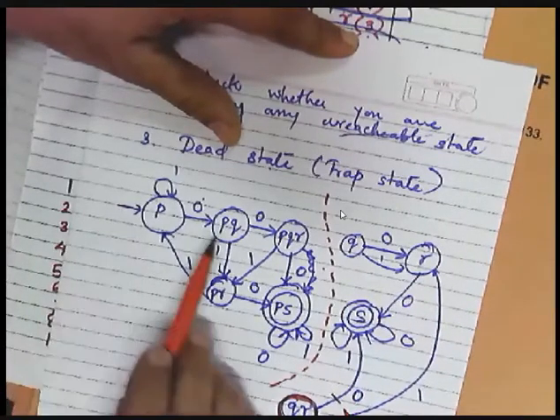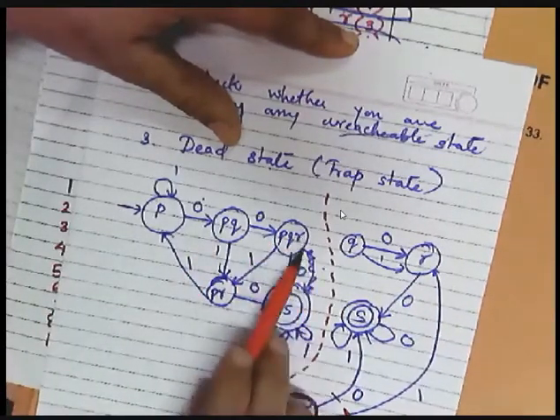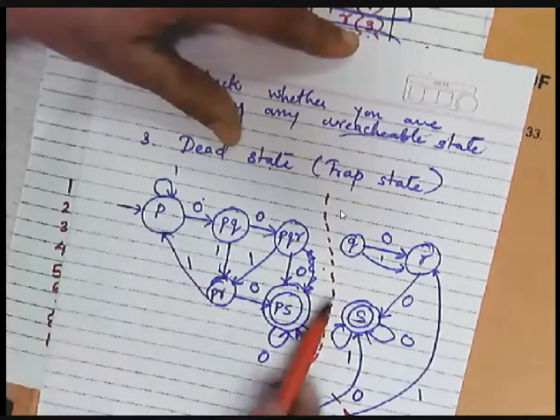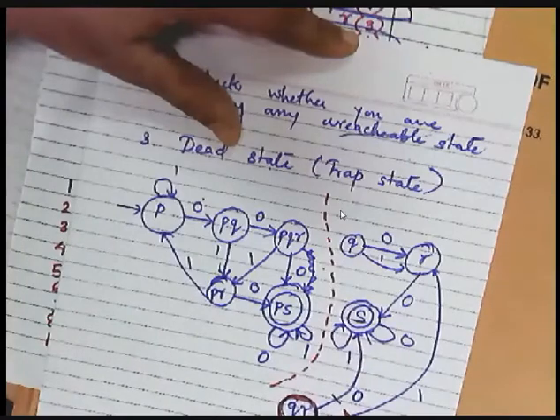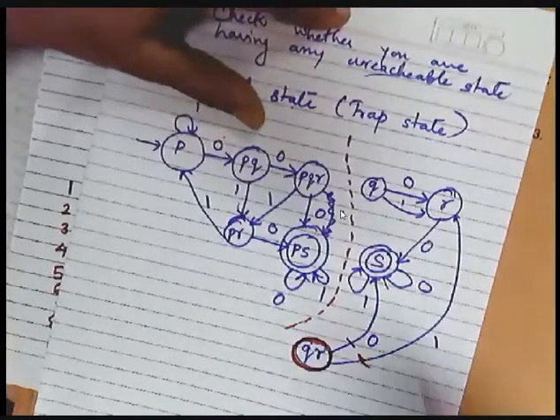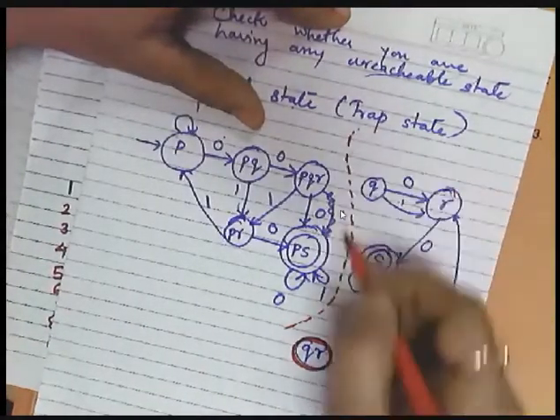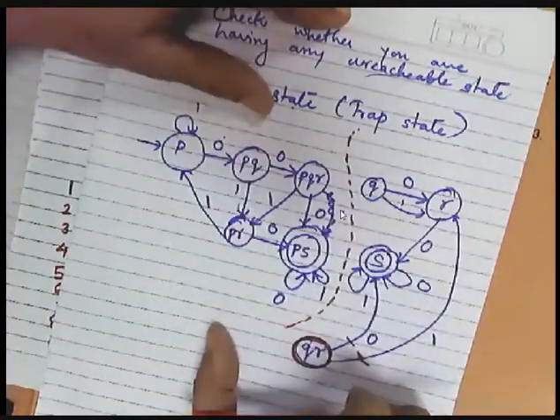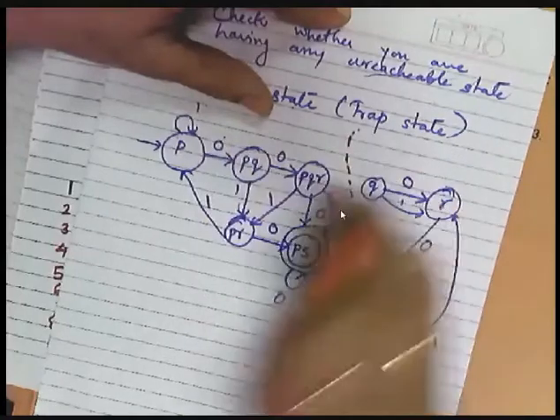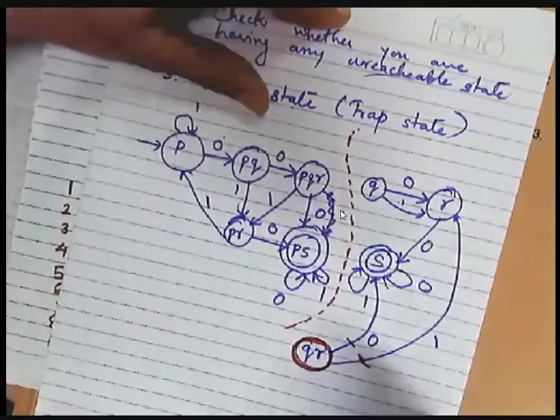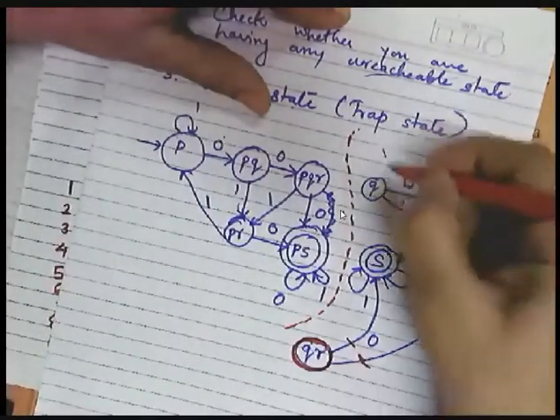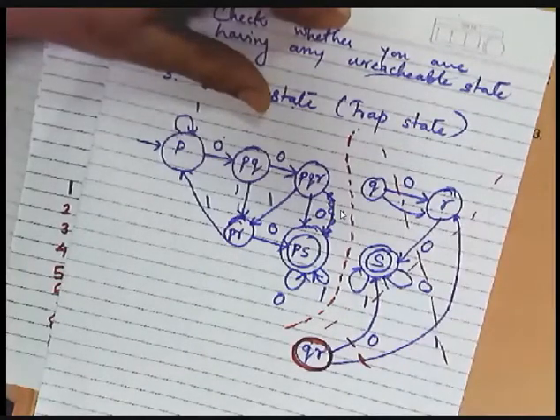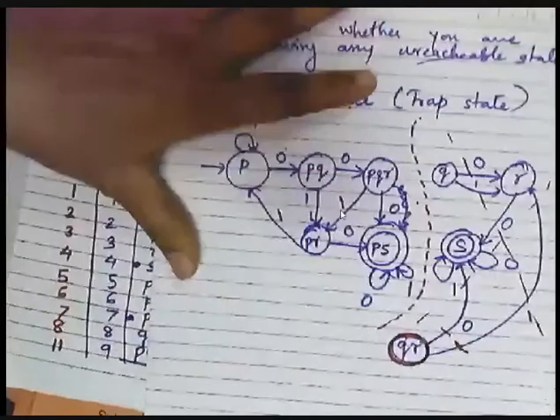Is there any transition from any state through the initial state to this part? There is nowhere, no connection. So when there is no connection, we say it is a network break. This part is unreachable from the initial state, so clearly we can discard this part.